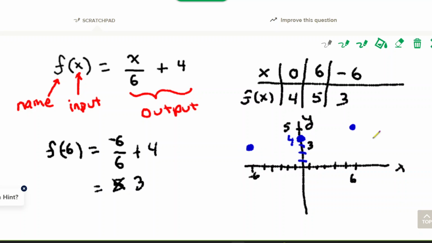And I could do this all day long, plug in all sorts of x values, get all sorts of y values, all sorts of input and output pairs, and plot them. And I'm hoping you're seeing a pattern here. Look at these 3 points. They're all falling on the same straight line. So the graph of this looks to be a straight line going that way forever and that way forever.